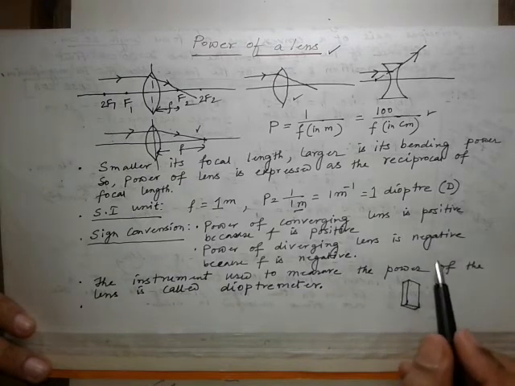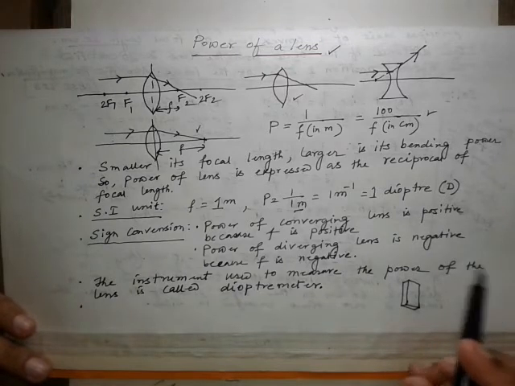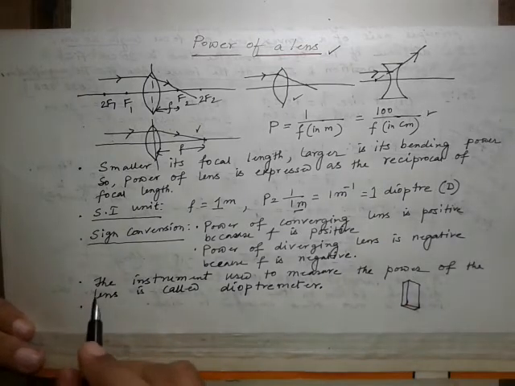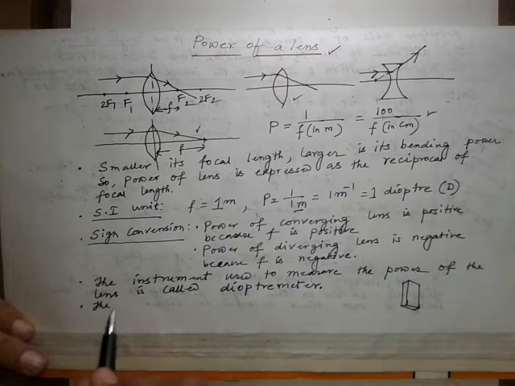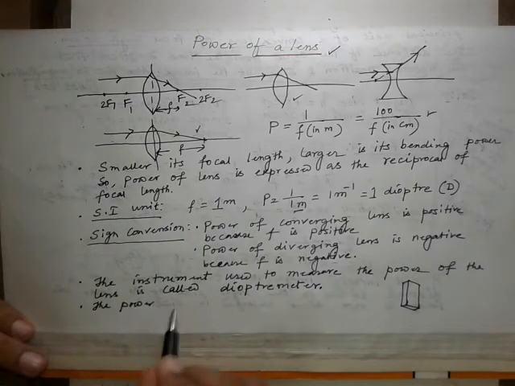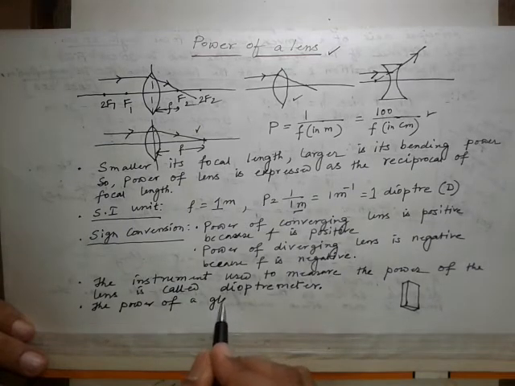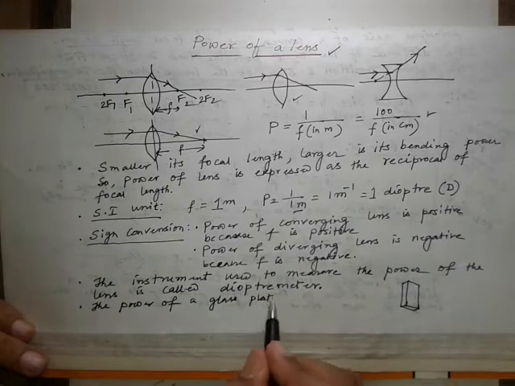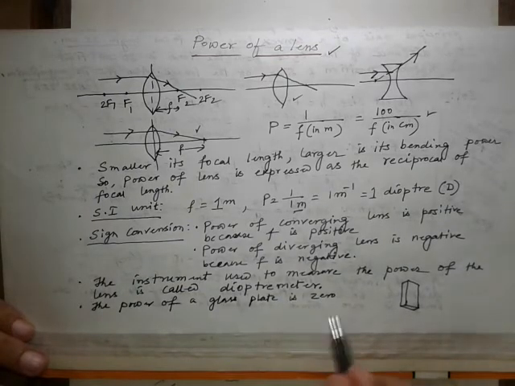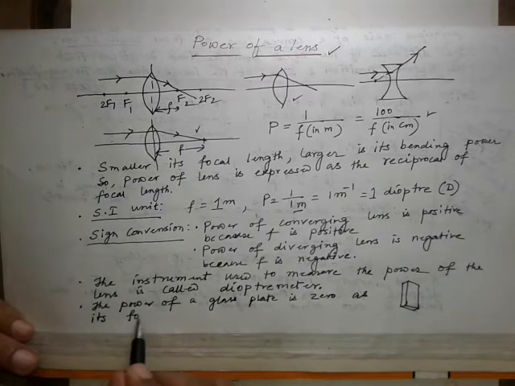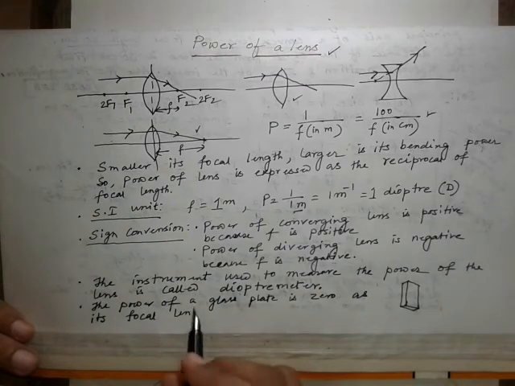So the power of a glass plate is 0, as its focal length is infinity.